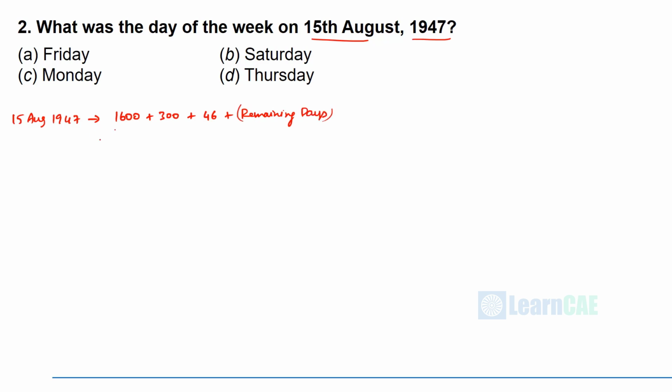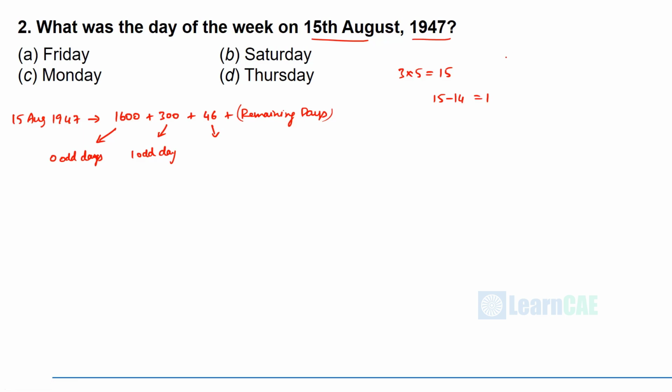Okay. So 1600 years has got 0 odd days. Next, 300 has got 3 into 5, which is equal to 15. Therefore, 15 minus multiple of 7, 14, is equal to 1. Therefore, 300 has got 1 odd day.